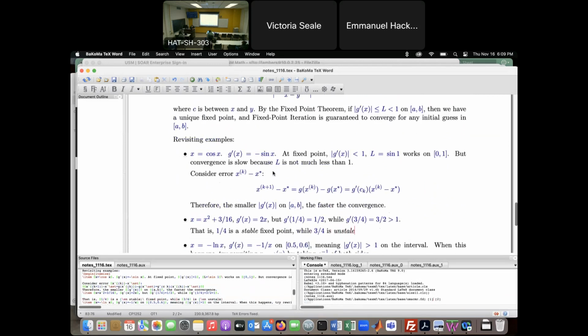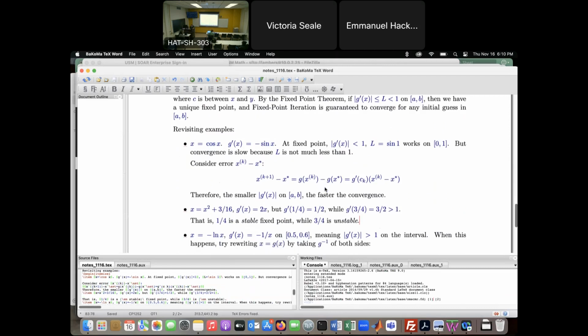So if the derivative at a fixed point is greater than 1 in absolute value, then the fixed point is unstable. Fixed point iteration will not converge to it, even if the initial guess is right there. So that explains the behavior we got with this example.